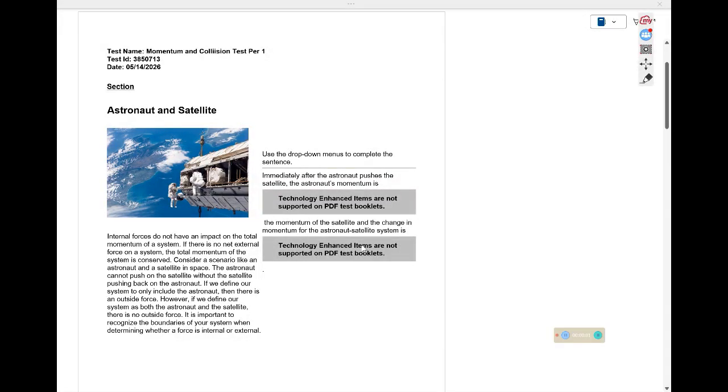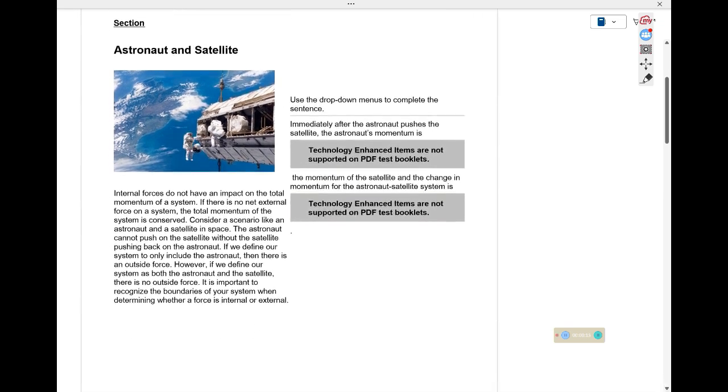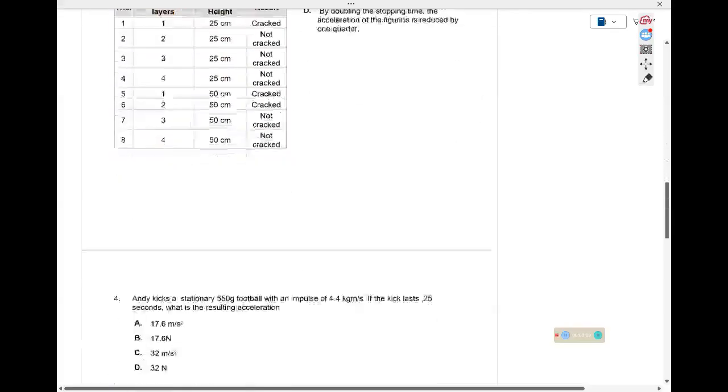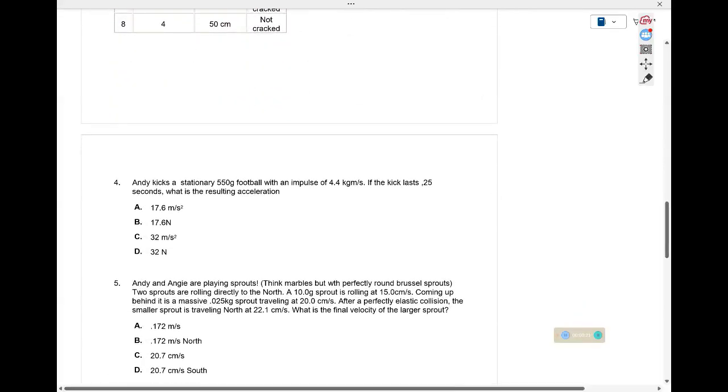Okay, this is going to be a quick little run through of the momentum and collision test one, in case anyone is planning on retaking it. So you just have that same general idea of how to do this. I'm not going to go over any of the normal questions because, frankly, we already went over those.